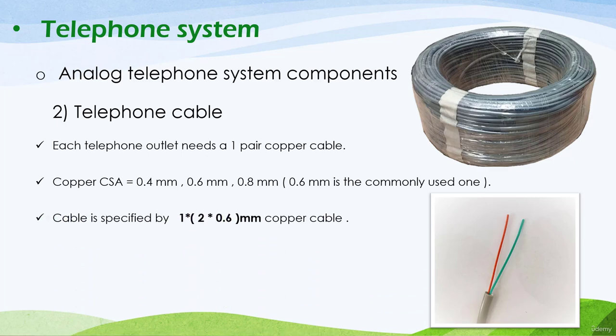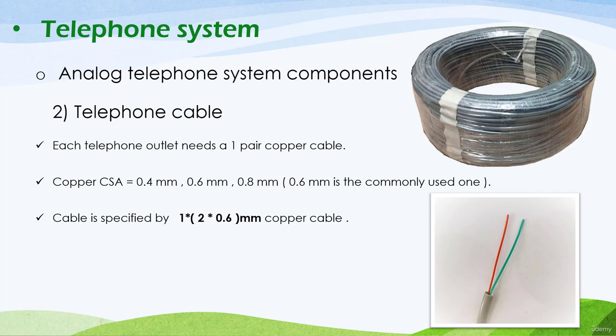And here is how the cable is specified: 1 times 2 times 0.6 mm copper cable, where 1 means 1 pair and 2 times 0.6 means that we have 2 wires and each of them has a cross-sectional area of 0.6 mm.